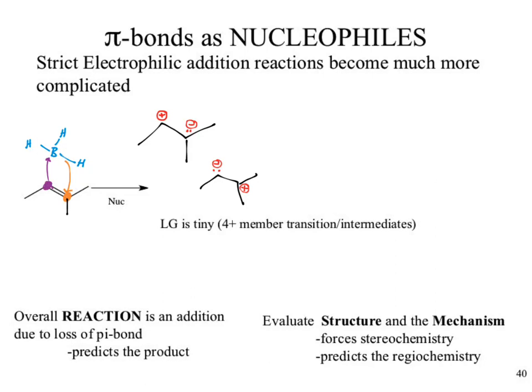Which of those two resonance structures is the more likely one? The bottom one, because tertiary carbocation, which means which carbon attacks the boron? The purple one.